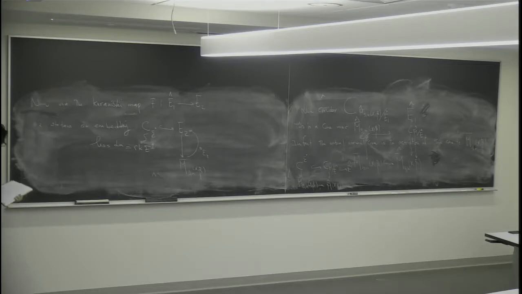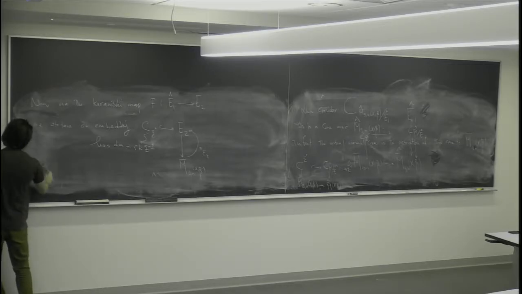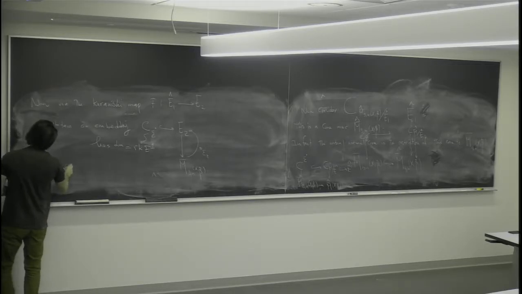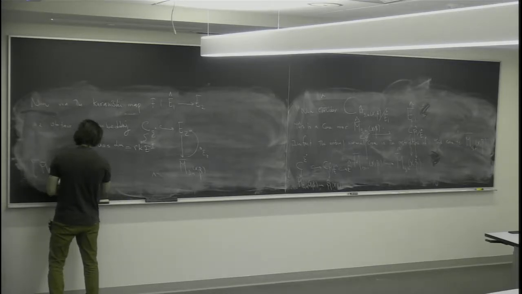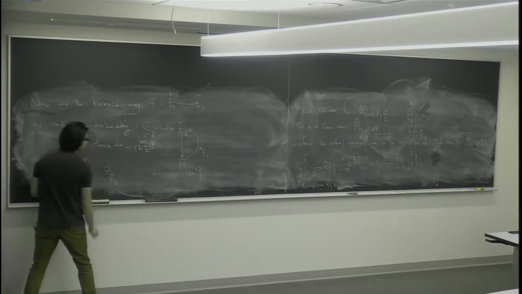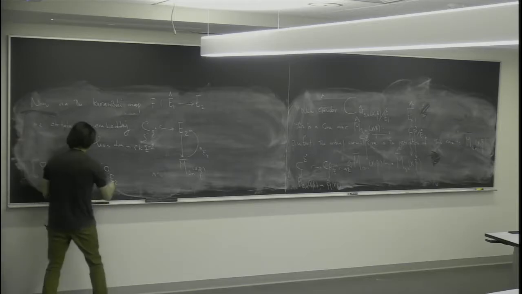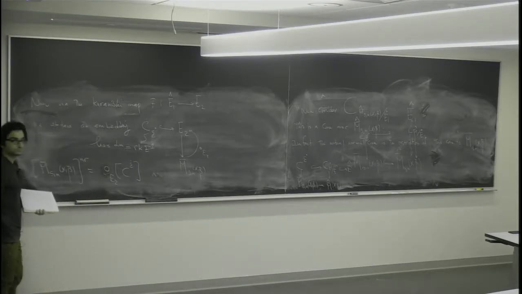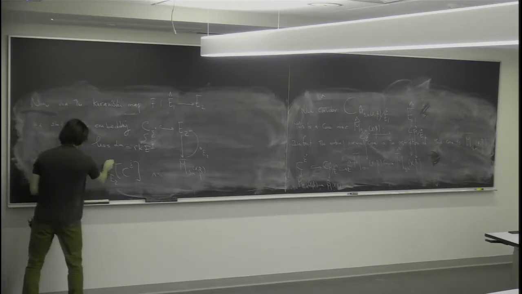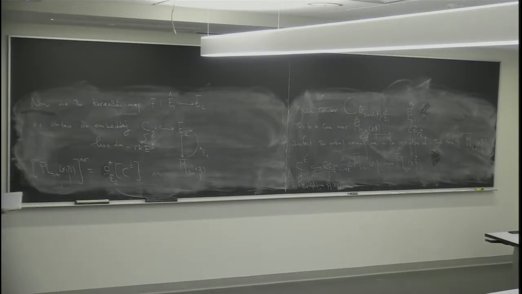That's exactly the expected dimension. So this is the geometric way of looking at the virtual fundamental class. This is the original story, which came before the Behrend and Fantechi story, by using the cobordism theory.